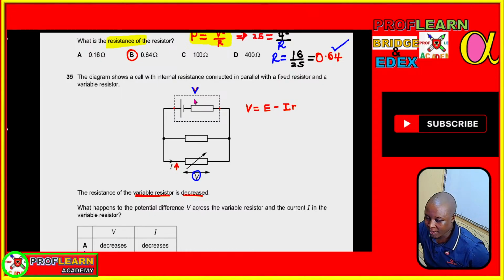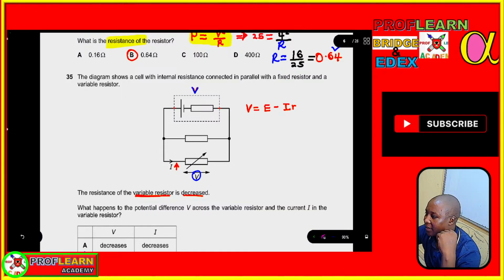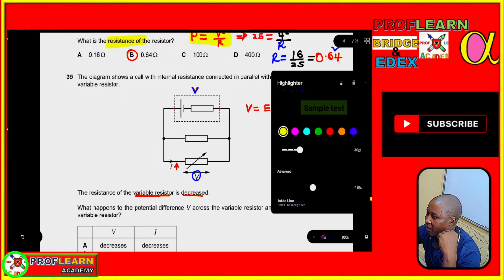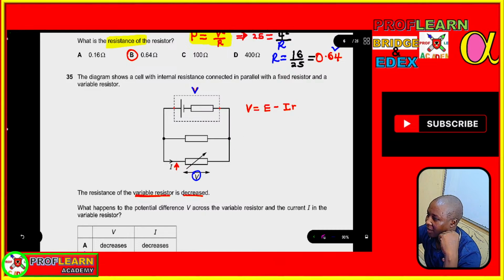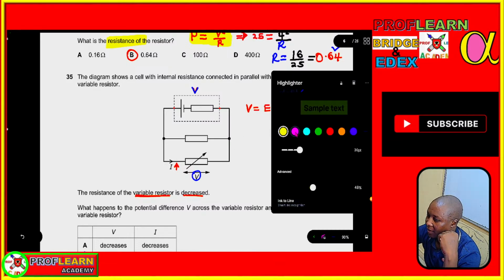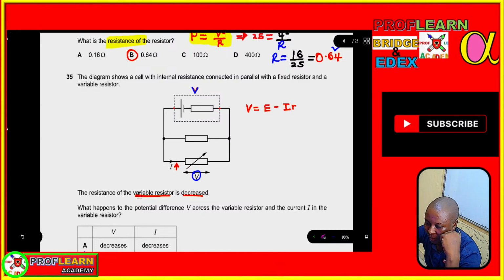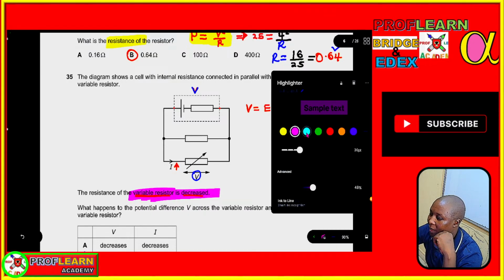Then what happens to the potential difference V across the variable resistor when the resistance of the variable resistor is decreased? If the resistance of this variable resistor is decreased, what will happen to the total resistance of the circuit?